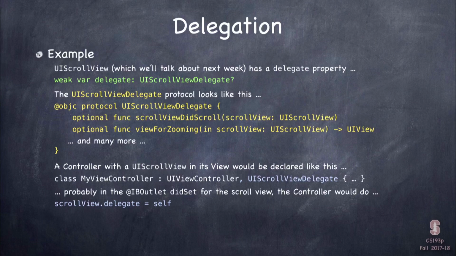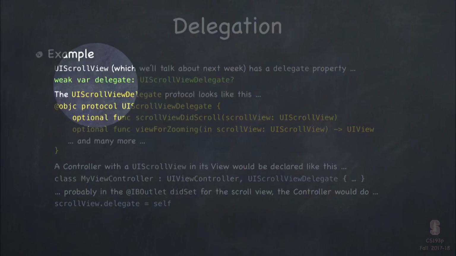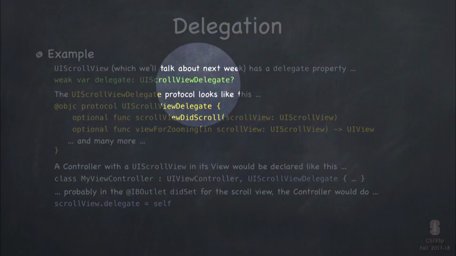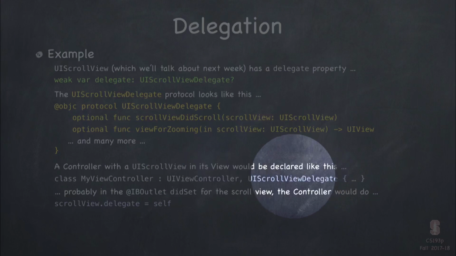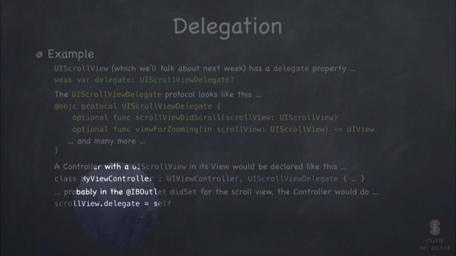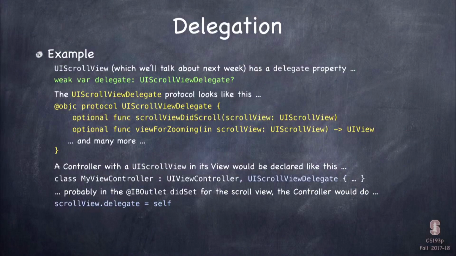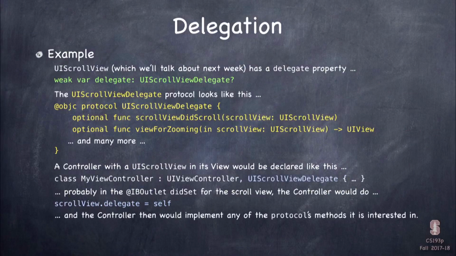This is a legal statement to say, because delegate, which is this thing up here, okay, is of type UI scroll view delegate, and my view controller says over here that it implemented that. So it's legal for it to set itself as the delegate. Okay, and once it does this, they're hooked up, and now the view can send will, did, should to the controller all at once. Okay, so that's delegation, probably the most obvious use of protocols.